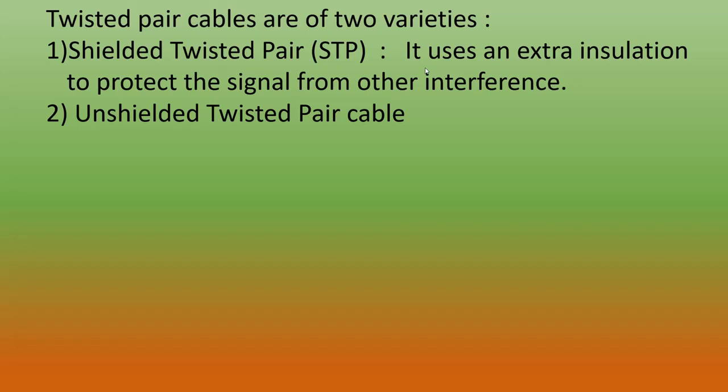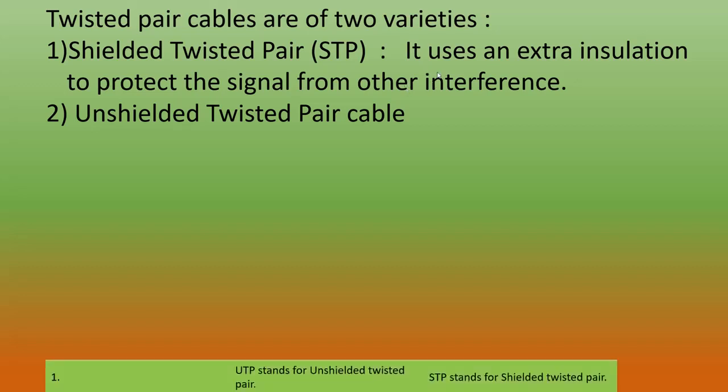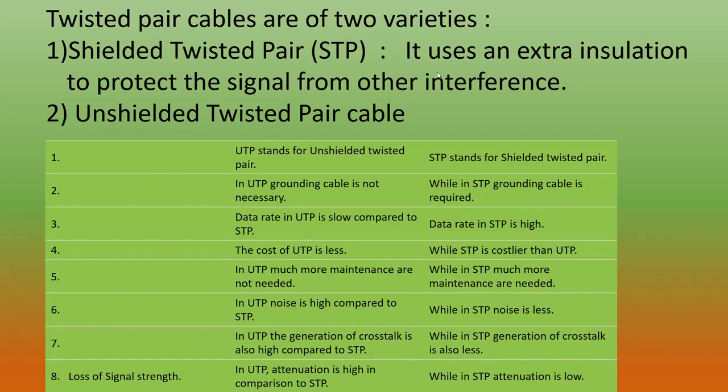There is extra protection to protect the data or signal from other interference, which is not there in unshielded twisted pair. Shielded twisted pair is STP, unshielded means UTP.